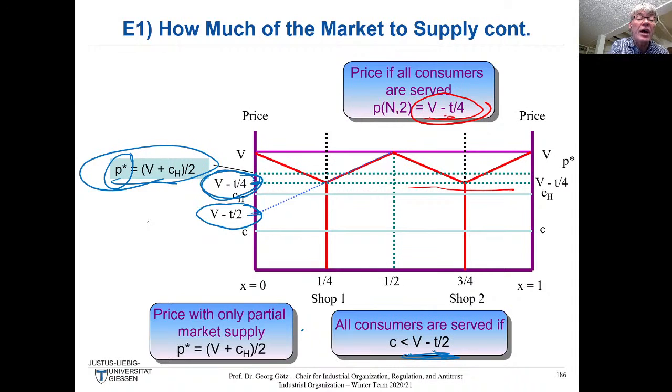And given this marginal cost, for all marginal cost levels above V minus T over 2, it's optimal to serve only part of the market. For all cost levels below, it's optimal to serve everyone. Okay, that's what you have.